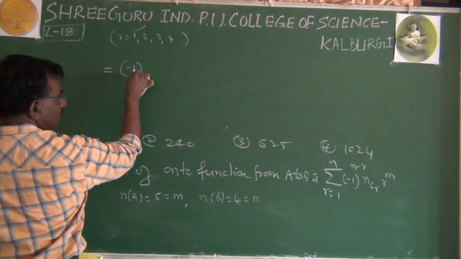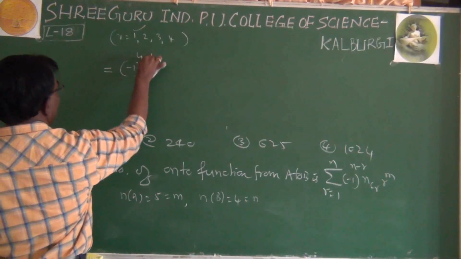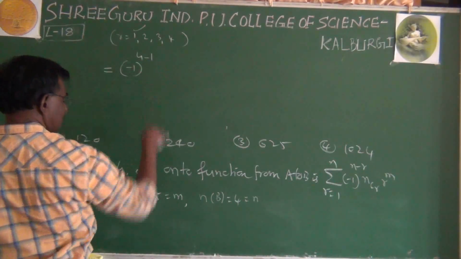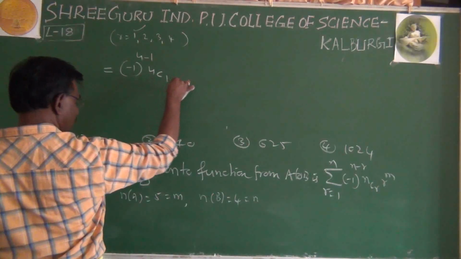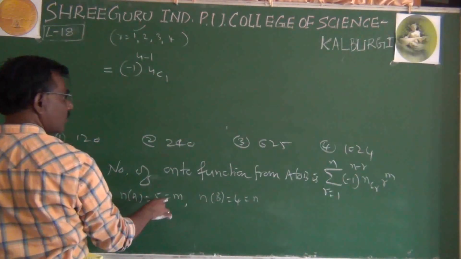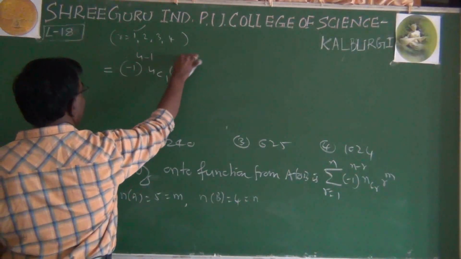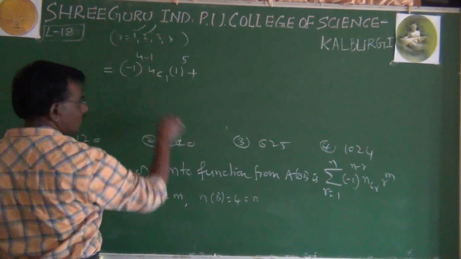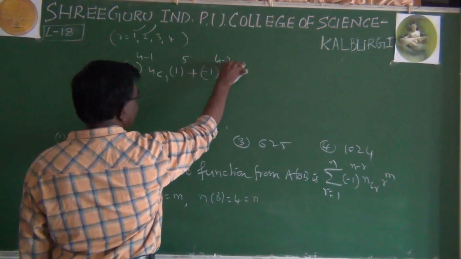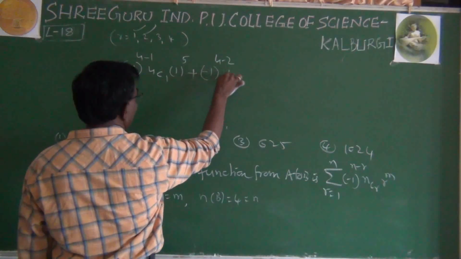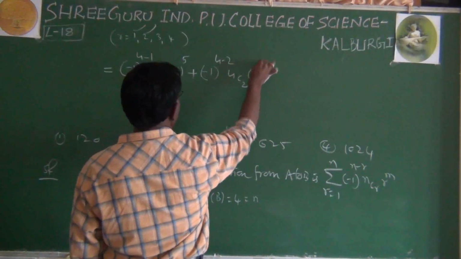Minus 1 to the power n, right? What is n? 4. Minus 1 to the power 4 minus 1, 4c1, r value 1 to the power 5. Plus minus 1 to the power 4 minus 2, 4c2, r value 2 to the power 5.